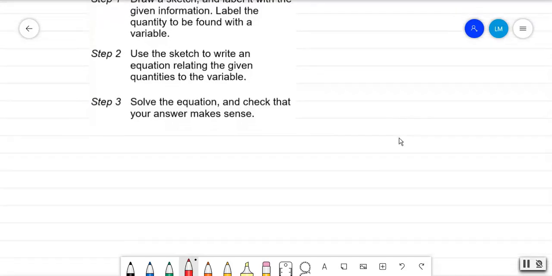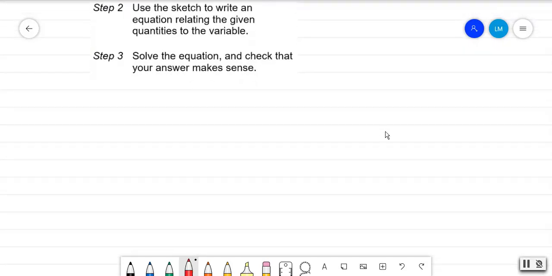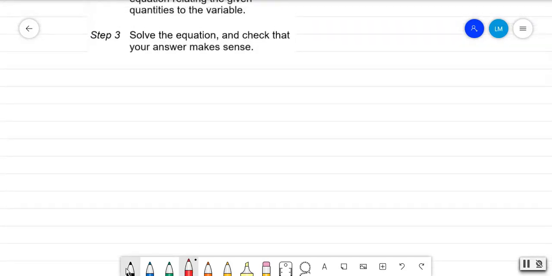Now, when we look at the questions that follow, I actually already have a question in mind, and it has the picture already.